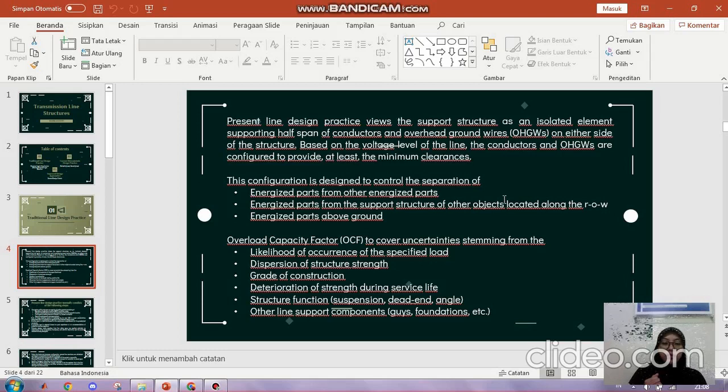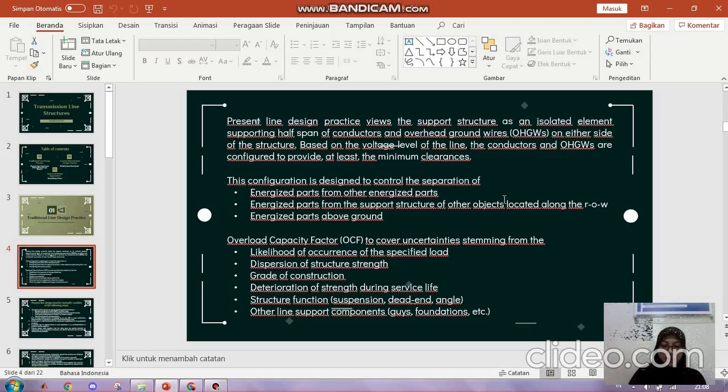And the next, the overload capacity factor, or OCF, to cover uncertainties stemming from, number one, the likelihood of occurrence of the specific load; number two, dispersion of structure strength; number three, grade of construction; and number four, deterioration of strength during service life.